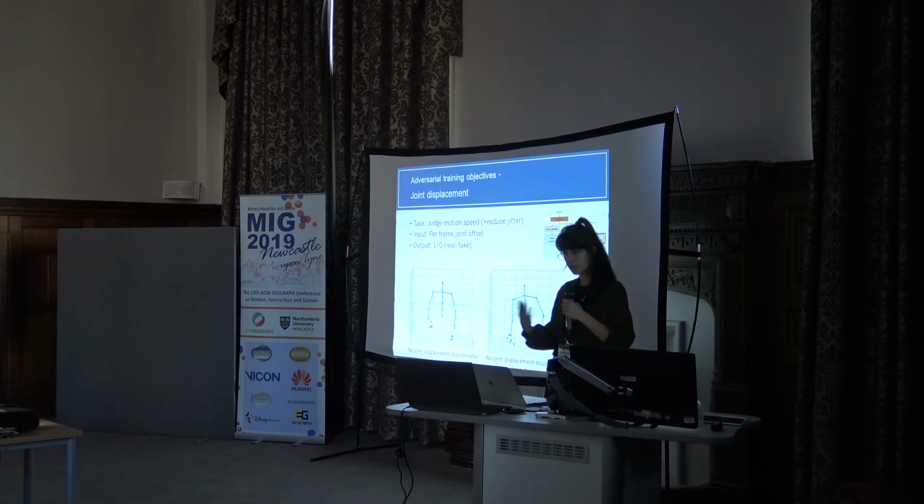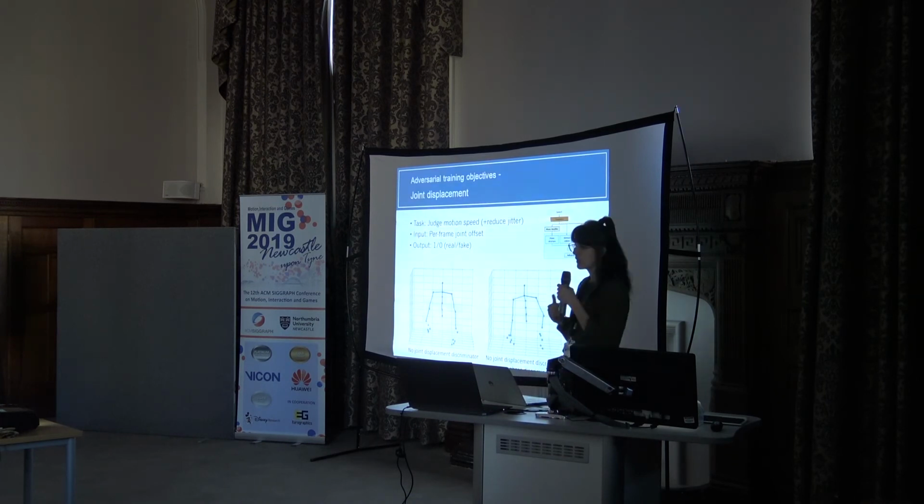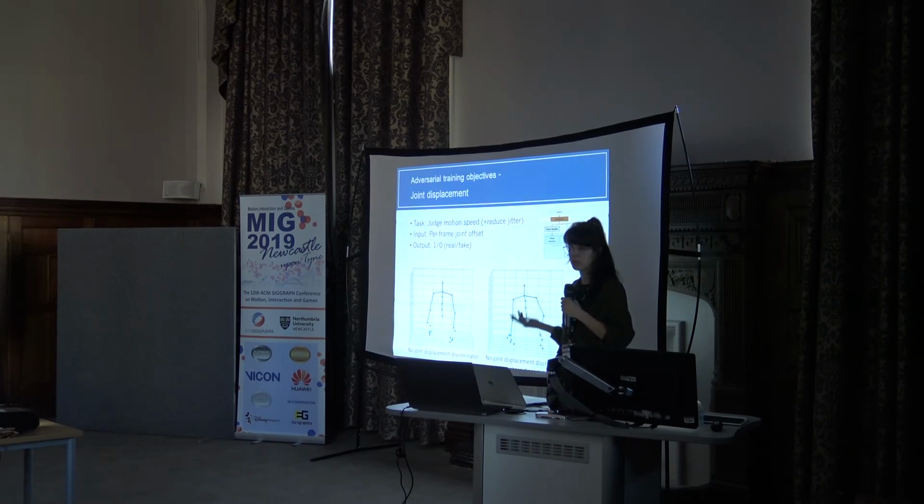So at the beginning of the training, the generator is slow to move away from this lethargic motion around the mean pose. So we add a side objective of a joint displacement discriminator that receives just how much each joint moves in each frame to say it's not moving enough, and then the generator will be faster to move away from this mean pose. It will eventually probably move away from that mean pose, but it will take a long time, and GANs take a long time to train anyway.